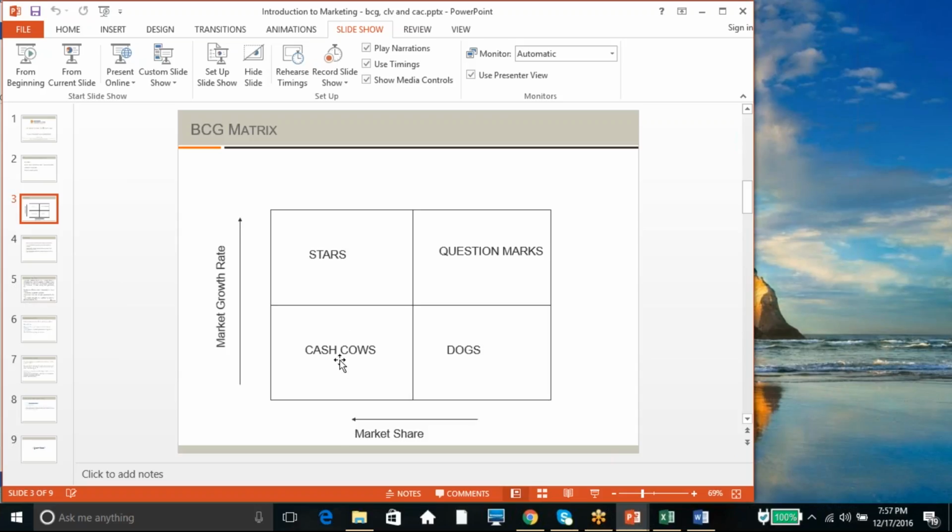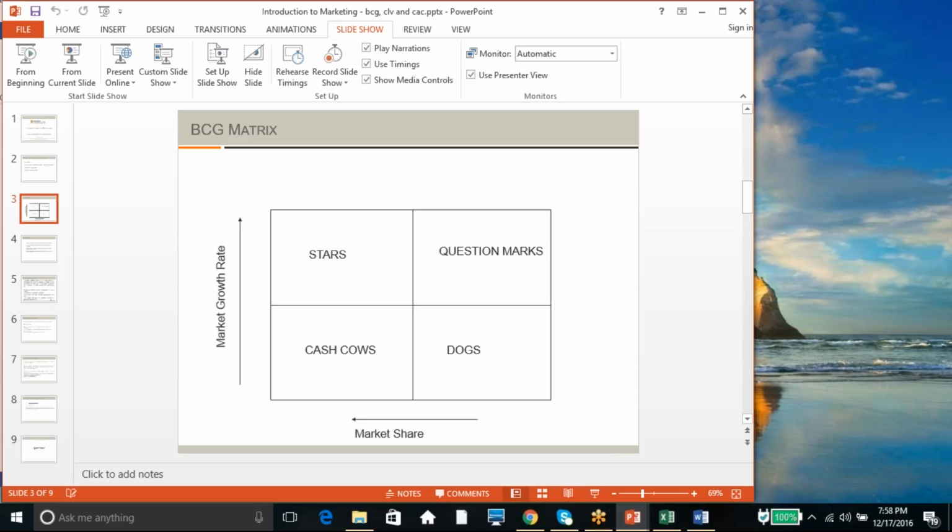So what is cash cow in terms of market growth rate and market share?